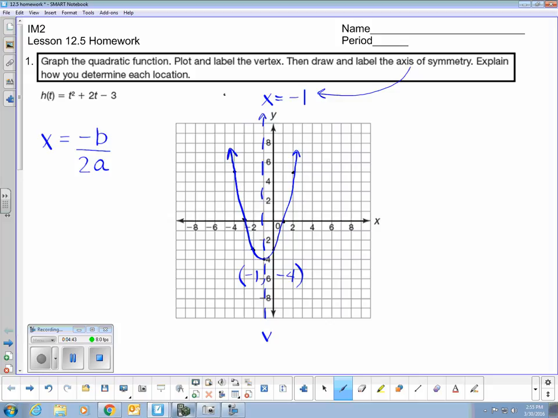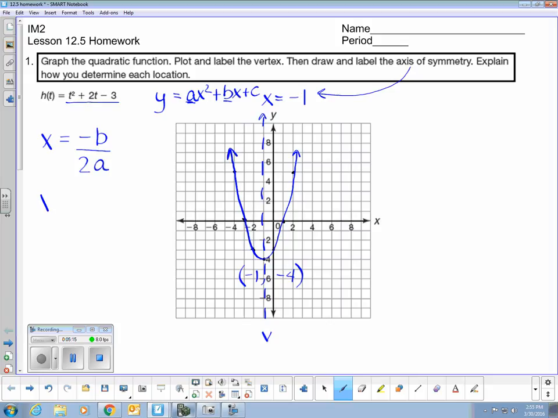My value for b and my value for a will come from my original equation in standard form. So in standard form, we're just going to write that as y equals ax squared plus bx plus c. So we can see where I'm going to get my b value and where I'm going to get my a value from.